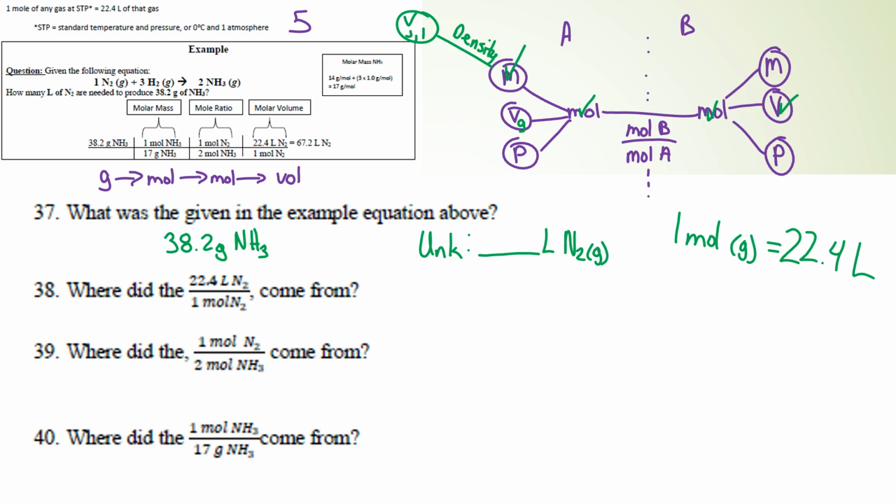Looking at the problem that they set up for us, where does this 22.4 liters of nitrogen gas to 1 mole of nitrogen gas come from? It's our molar volume constant. Where does the 1 mole of N2 to 2 moles of NH3 come from? That's the mole ratio.